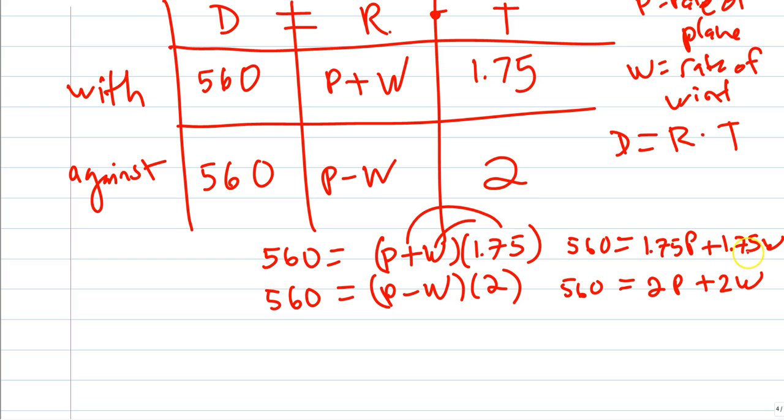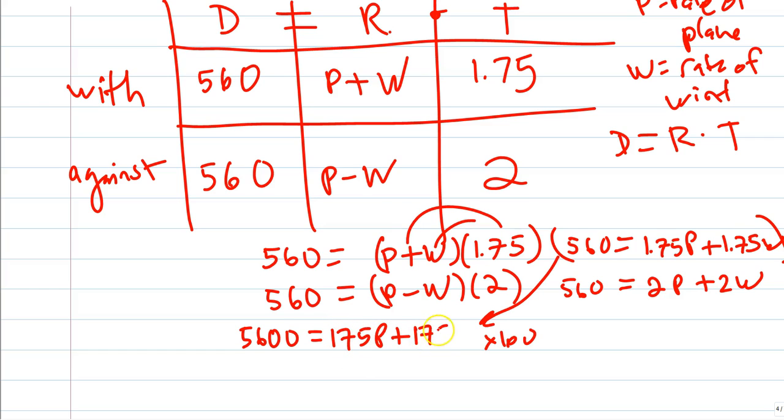Now, I'm not liking this decimal, so I'm going to take this top equation and multiply it times 100 to move the decimal twice. That's going to make that first number really big and scary. Okay, 560 times 100 would be 56 and 2 zeros, is equal to 175P plus 175W. Oh, this is crummy.